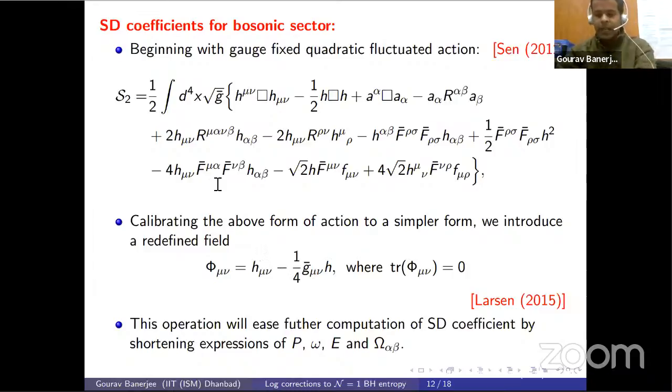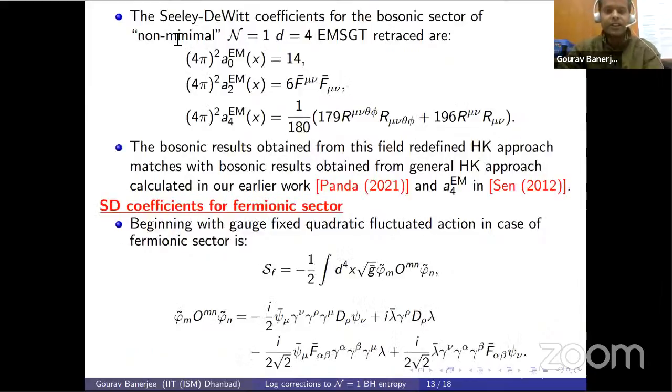And in Larsen's work, they have computed the bosonic sector of N equal to 2 Einstein-Maxwell supergravity theory, which is the same here in our case also. We reviewed their work and computed the Seeley-DeWitt coefficients of the bosonic sector of non-minimal N equal to 1 Einstein-Maxwell supergravity theory as follows.